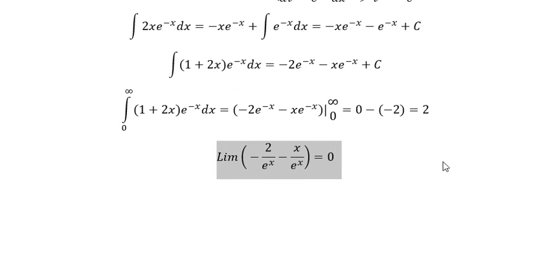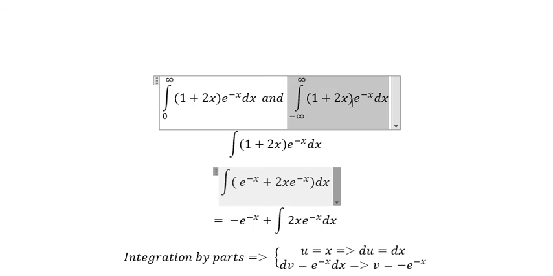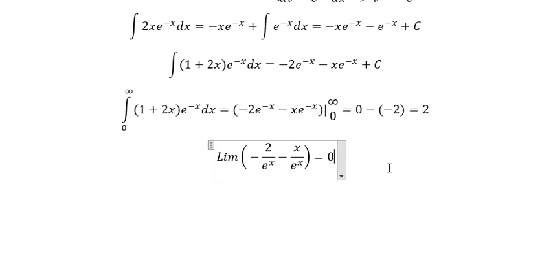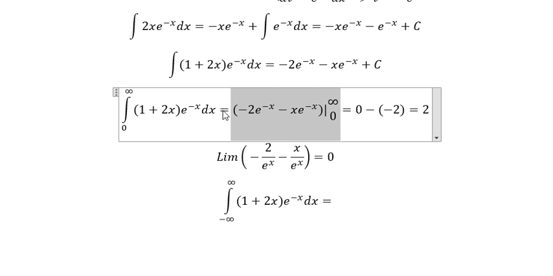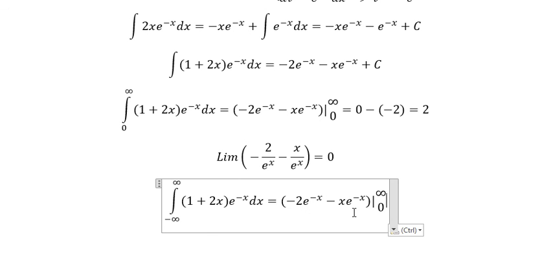Similar for this one. So you will get positive and negative.